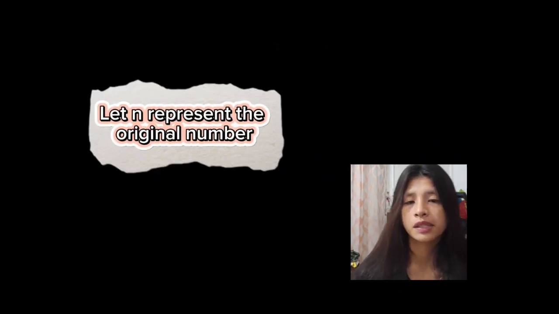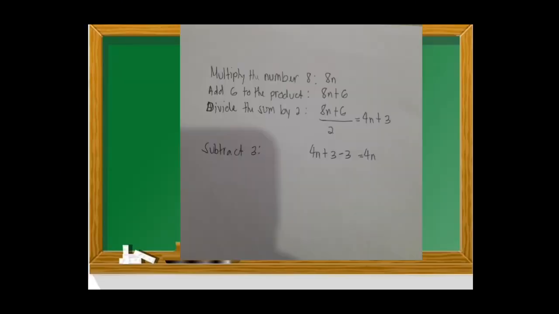Let n represent the original number. First is multiply the number by 8, so 8n. Pangalawa, add 6 to the product, so 8n plus 6. Ang pangatlo natin is divide the sum by 2, so 8n plus 6 divided by 2 equals 4n plus 3. Bakit? 8n divided by 2 equals 4n, and 6 divided by 2 equals 3.